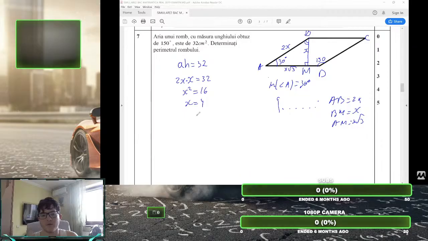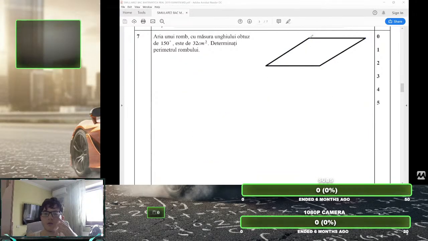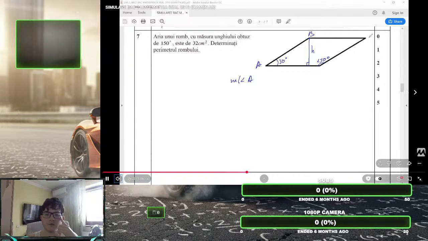Okay, so we've got this. So x is 4, so AB is 8, so yeah, I knew about this approach with a 30-degree formula. What, this is another approach? Come on, let's just move on.